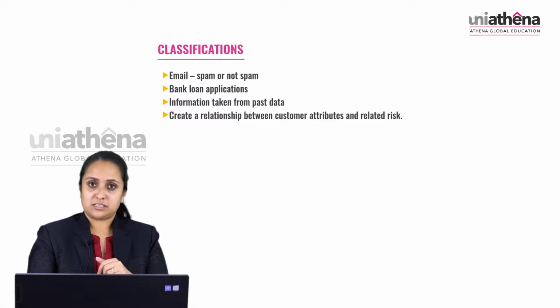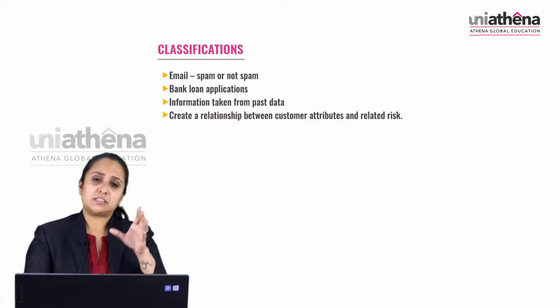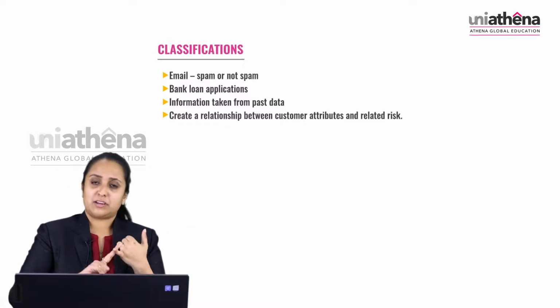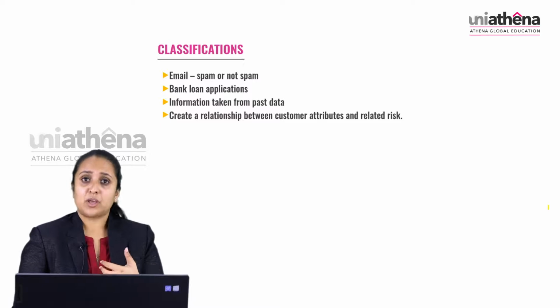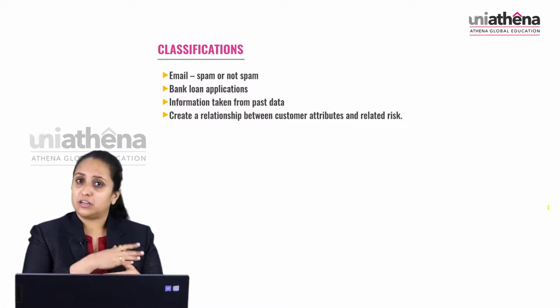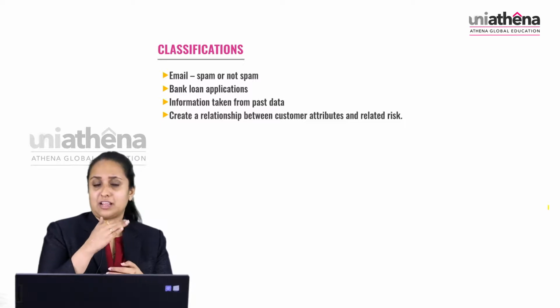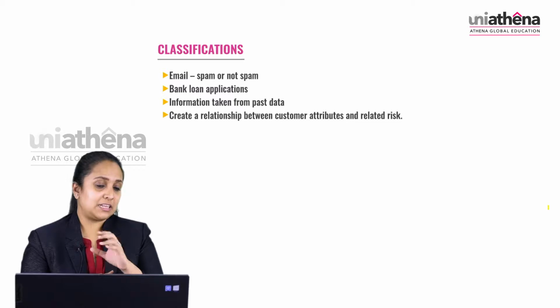When a customer is applying for a loan, they take that customer's previous history: whether the customer had loans, if he had, did he pay the loans on time, what is his current balance, and will he be able to pay the current loan if the loan is given by the bank. So, all this categorization or classification comes under this technique. Bank loan is also applying this technique.